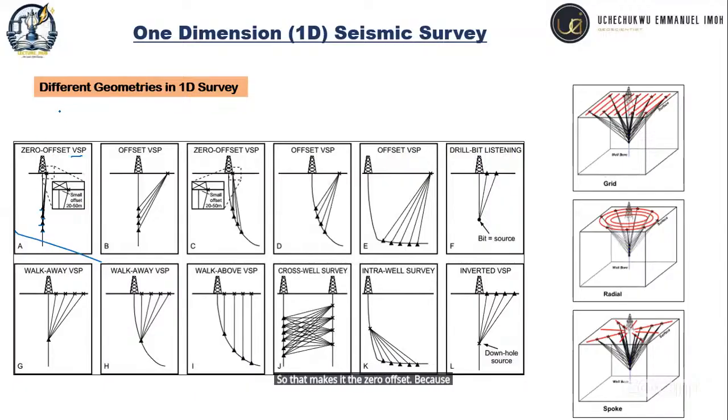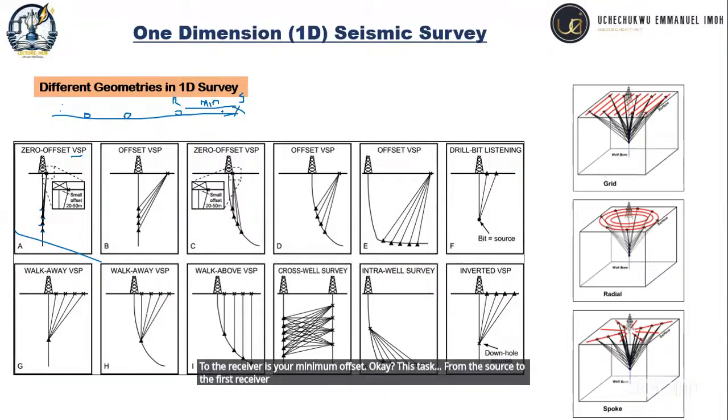Because if you have your receivers here and your source here, okay? The source is away from the receiver, and the distance from the source to the receiver is your minimum offset. Okay? Distance from the source to the first receiver is your minimum offset.